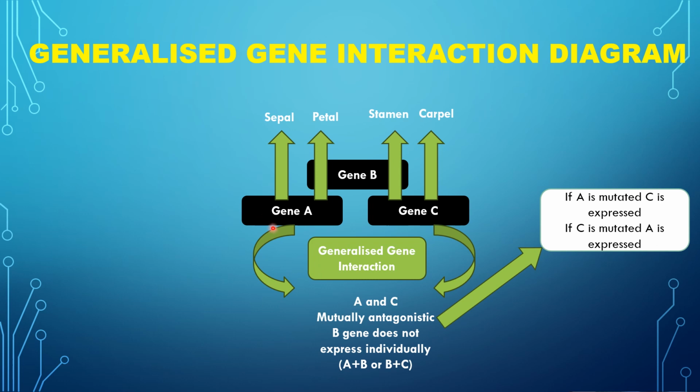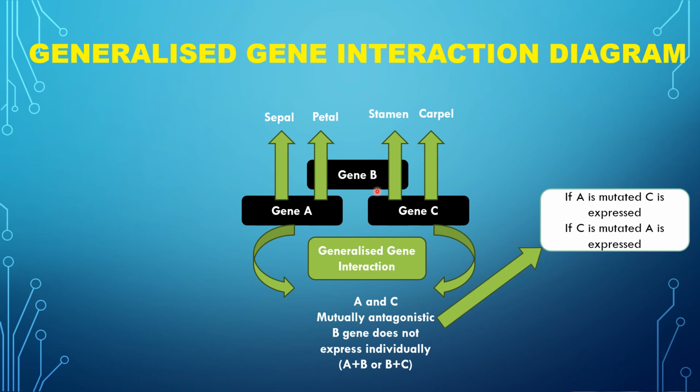Gene A alone gives rise to sepal. And then gene A along with gene B gives rise to petal. Both gene A and gene B have a role to be played in the production of petal. Then coming over to stamen.